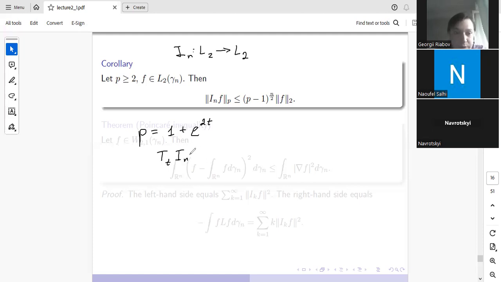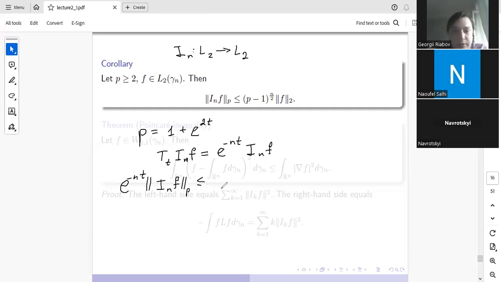The Ornstein-Uhlenbeck semigroup acts on the space of Hermite polynomials of order n as multiplication by e to the minus nt, so we get e to the minus nt I_n f. And now we can take the norm in L^p and use hypercontractivity.